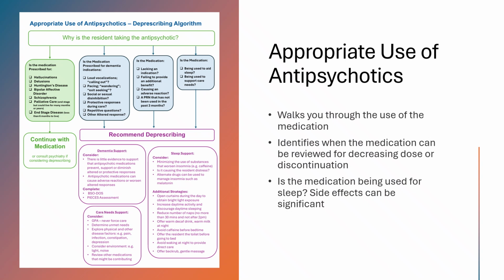Is the medication being used for sleep? Because those side effects can be significant. And then it talks about support for sleep, and then additional strategies that might be helpful as well. So this is a great algorithm. A lot of work went into it, and I think it's like the success.